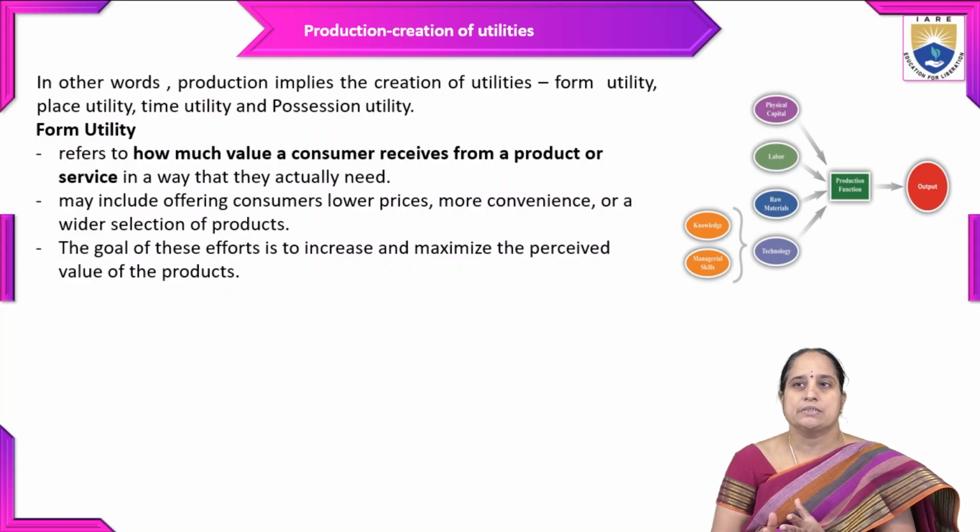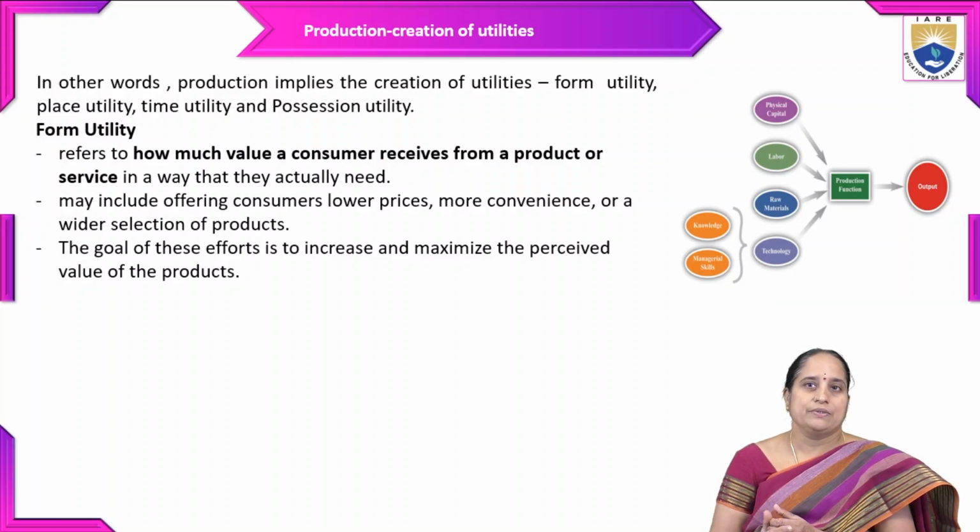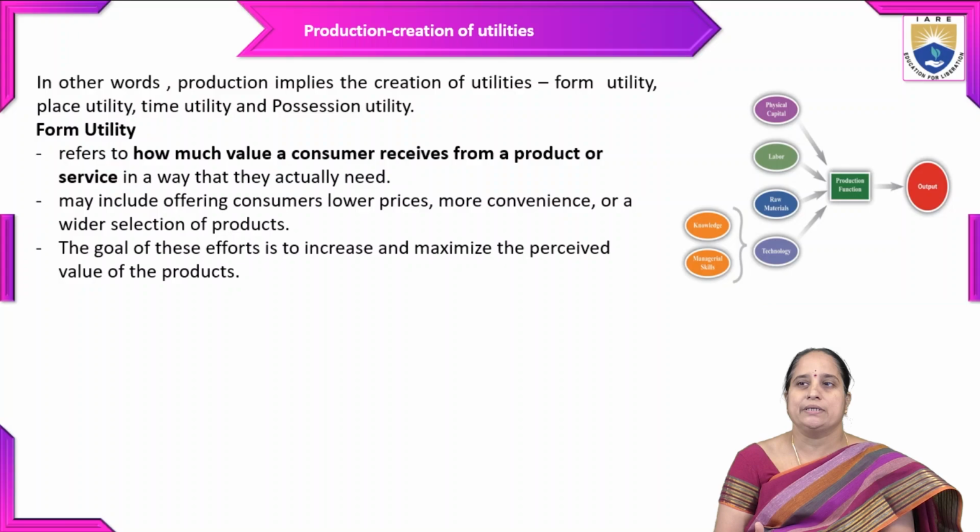So here we used to discuss about 4 forms of utility: form utility, place utility, time utility, possession utility. So let us start with the form utility. It refers to how much value a consumer receives from a product or service in a way that they actually need.